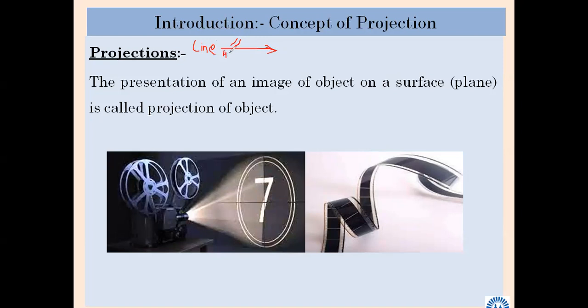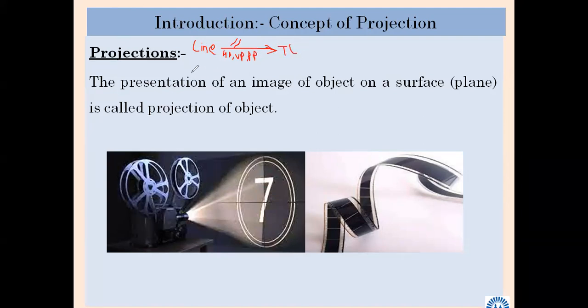It may be parallel to HP, VP, or PP. What will we get in that plane? True length. If the line is parallel, what are we getting? True length.